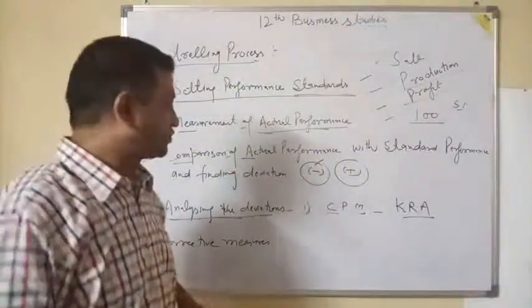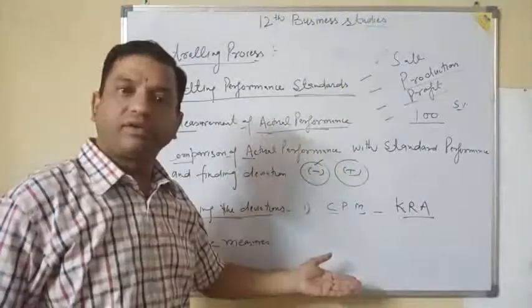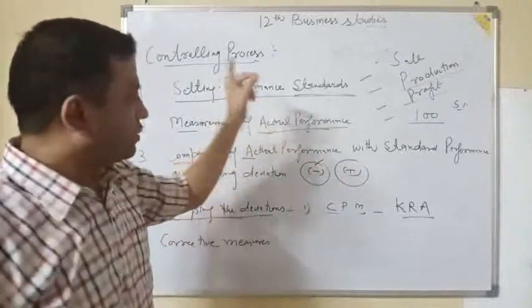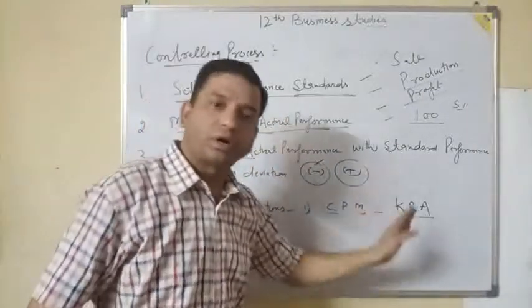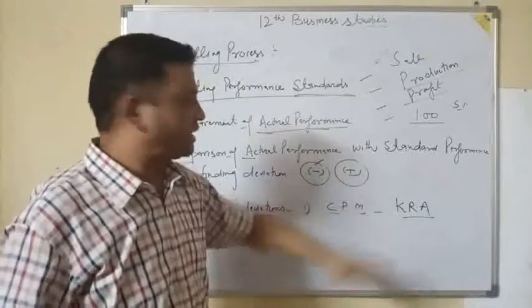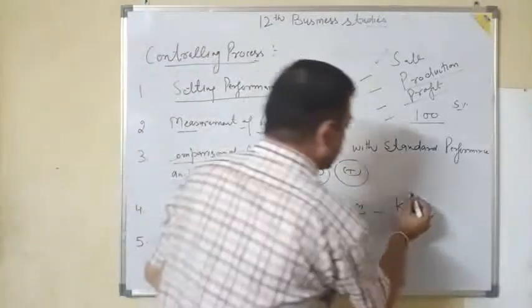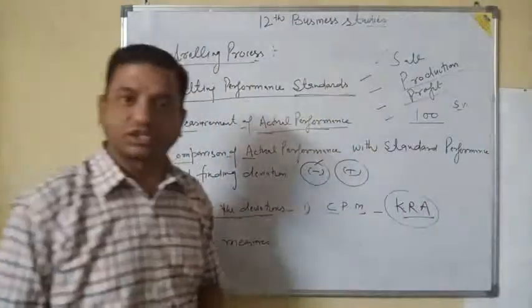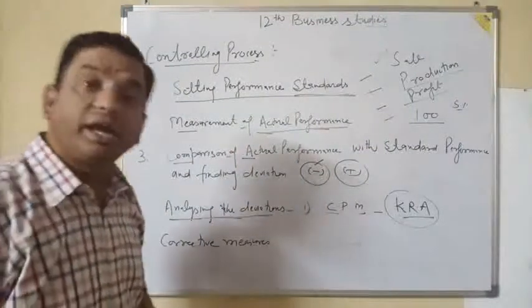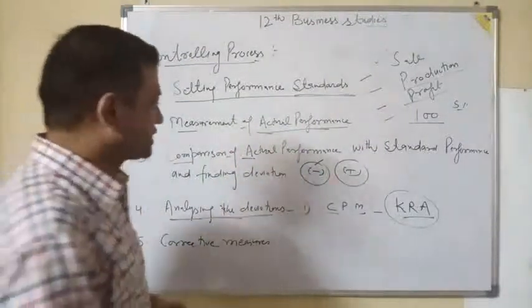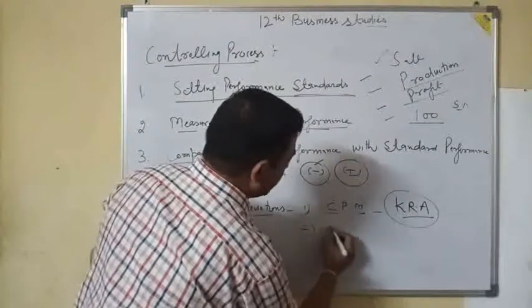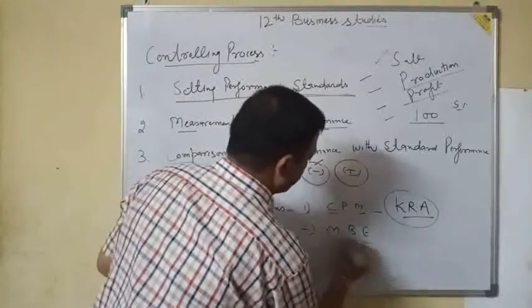Only those activities should be checked by the manager in order to control which are really vital and very important. And the second technique is management by exception.